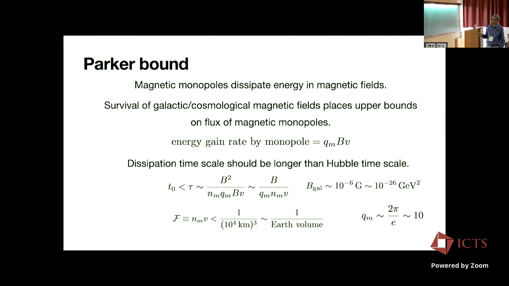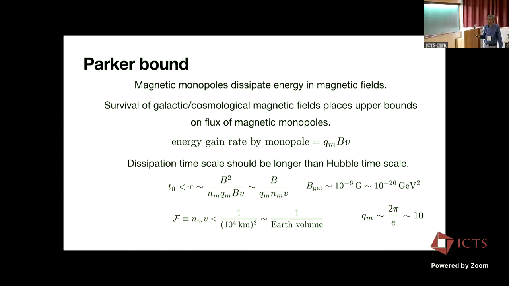And so there's a certain time scale on which the magnetic monopole will eat up all the energy of the magnetic field, and that is denoted by tau. Since we observe magnetic fields in galaxies, that time scale should be longer than the age of the universe, because these galaxies have basically survived Hubble time.